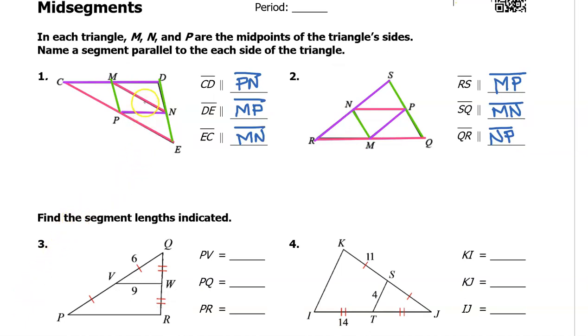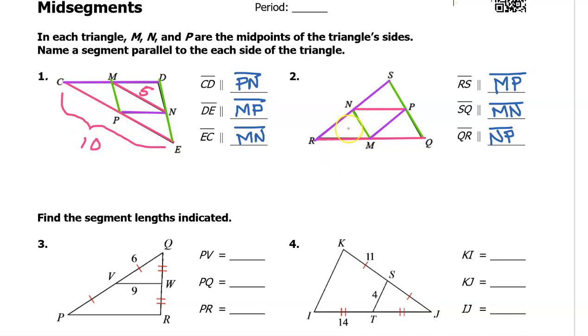Here is something else you need to know about a midsegment. A midsegment will always be half the size of the parallel side. So for example, if I told you that this midsegment MN was 5, then right away you would know that the parallel side CE must be 10.